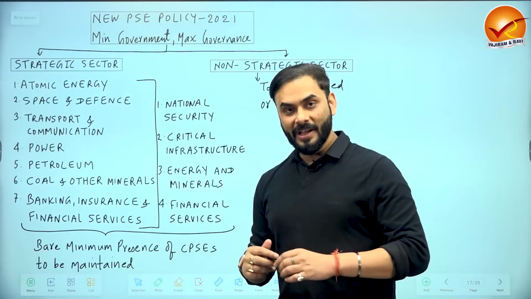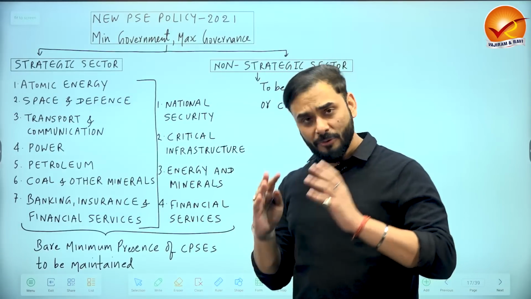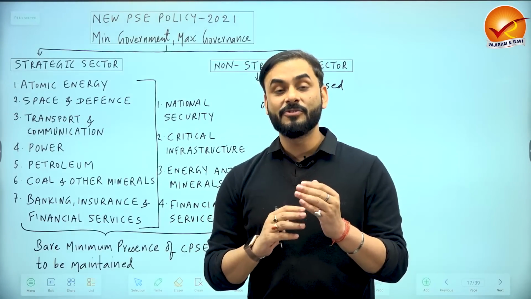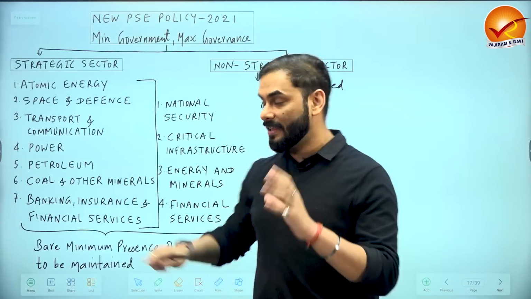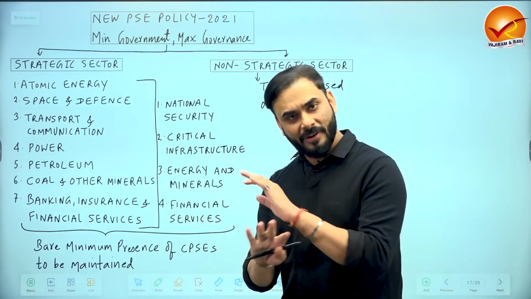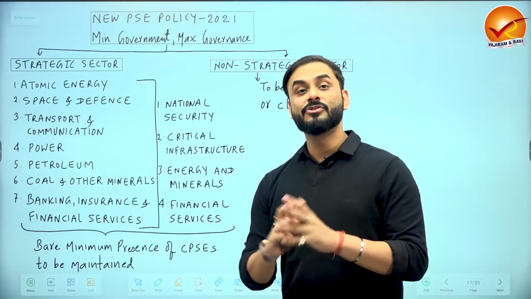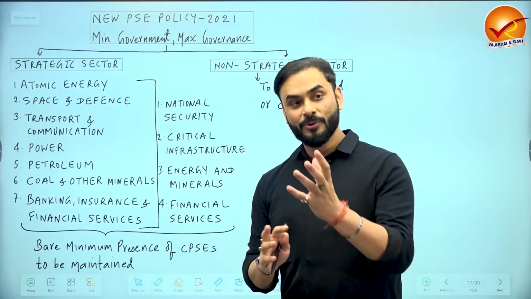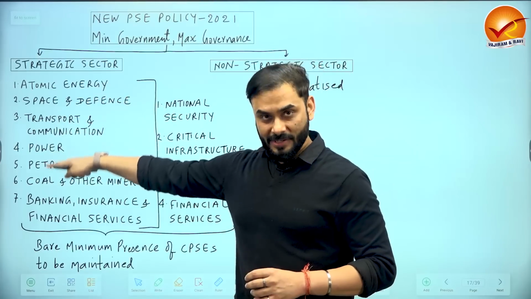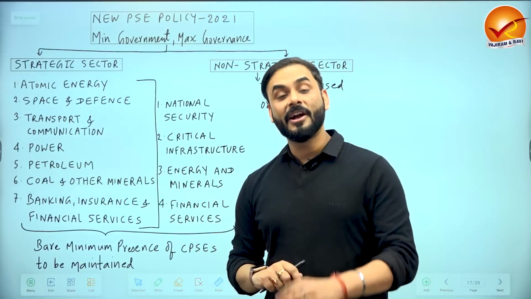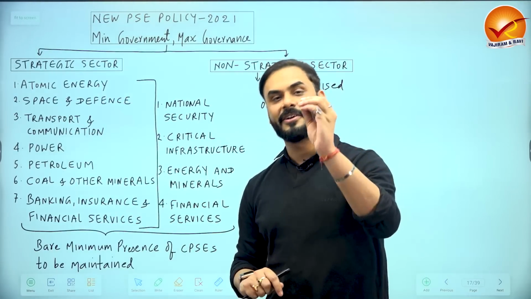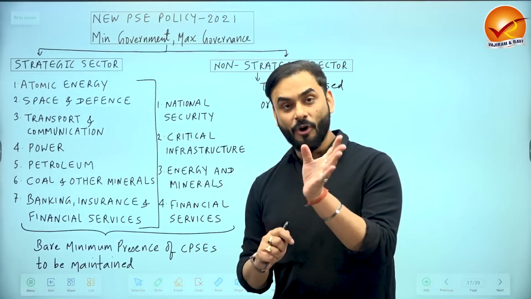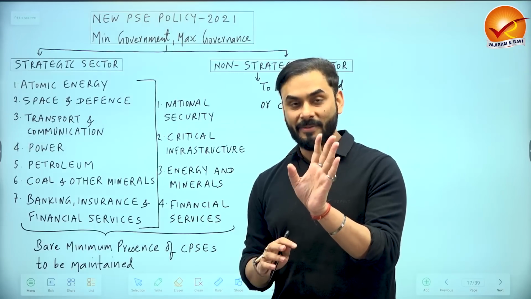So the Government of India has said that wherever there are public sector enterprises, which means government companies, in the field of strategic sector, government is going to minimize its presence. Suppose in these strategic sectors there are 25 public sector enterprises. The government is saying we will not have 25 now.